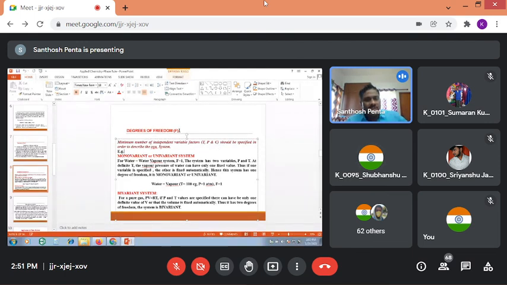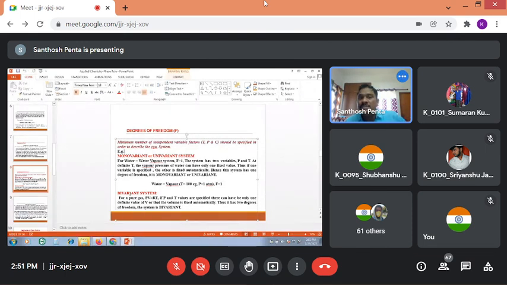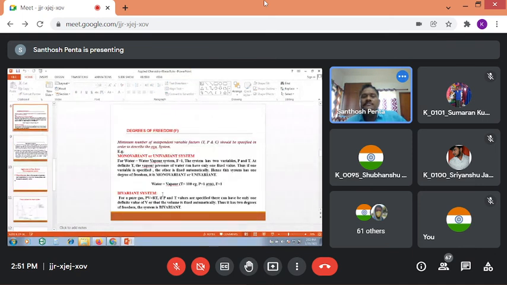Okay, that is denoted with F. If F is equal to 0, that is non-variant. If F is equal to 1, that is monovariant or univariant. If F is equal to 2, that is bivariant. Then later we will discuss what is triple point, at the application point.